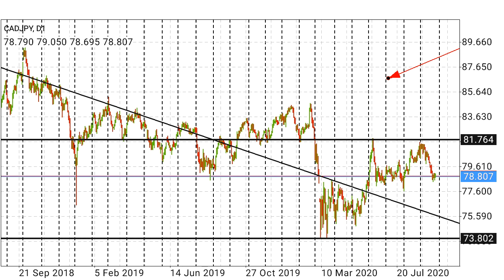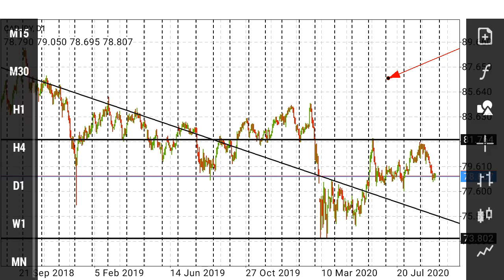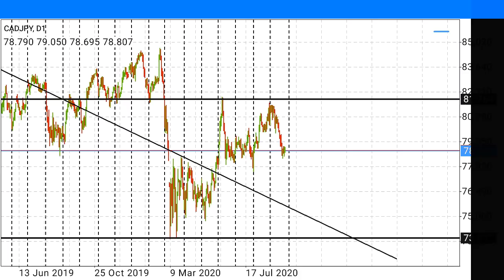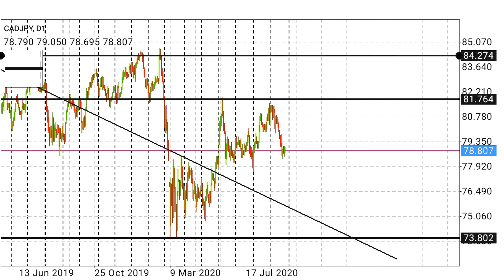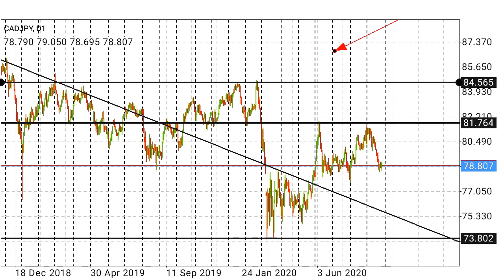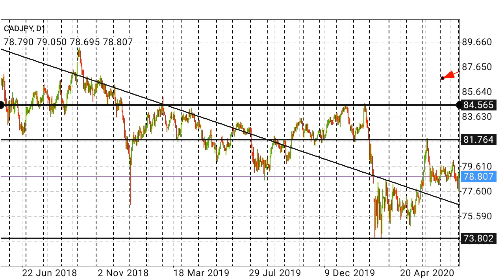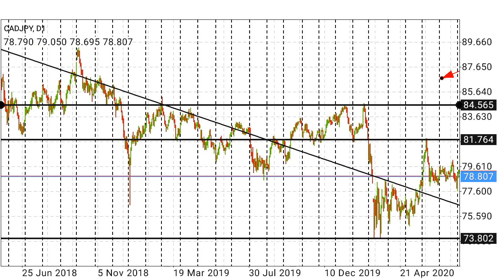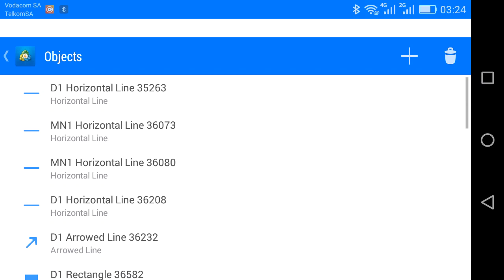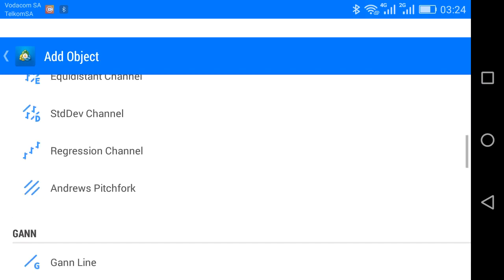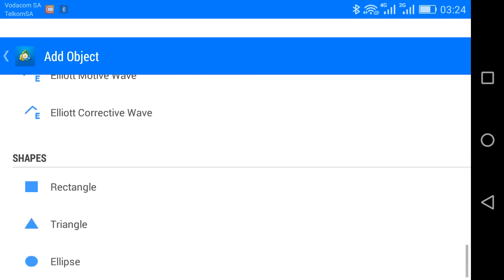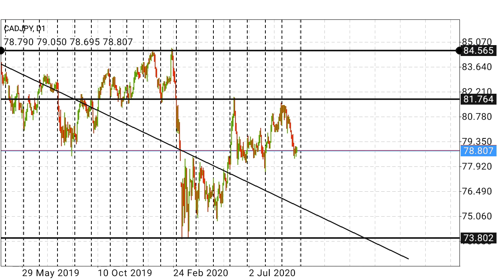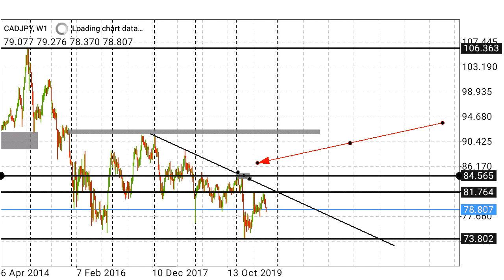Look at this. The price just turned here. On weekly, the price turned here. This is where the price turned on weekly. Let's go to weekly.